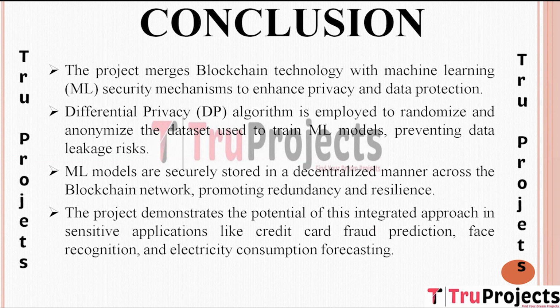Examples include credit card fraud prediction, face recognition, and electricity consumption forecasting. By showcasing its potential in these contexts, the project highlights the real-world applicability and benefits of this integrated approach, particularly in areas where privacy and data security are paramount.